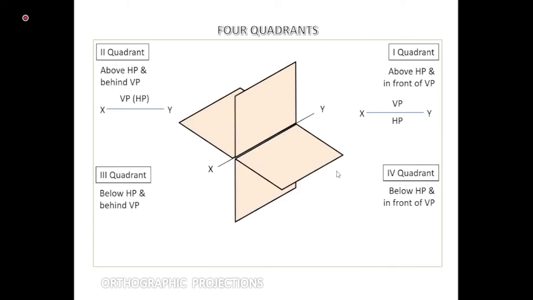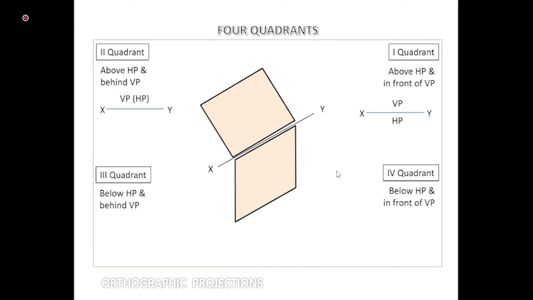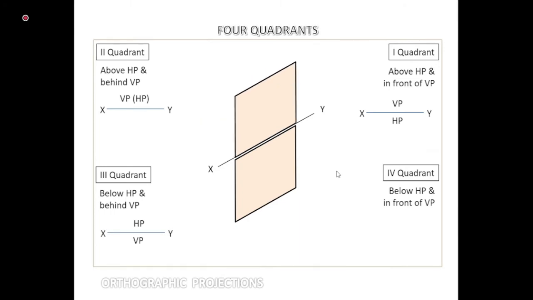Okay. Let's say there is something in the third quadrant. Now I'll quickly go through. I think you all have understood the concept. Once again, we will keep the vertical plane intact and move the horizontal plane in the clockwise direction. Now you see what happened. It is kind of a mirror image of the first quadrant.